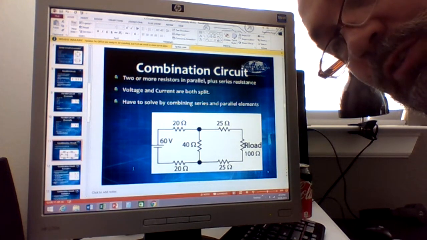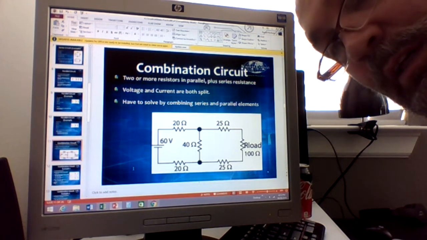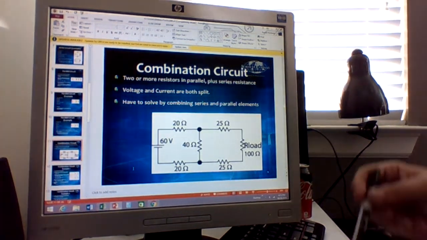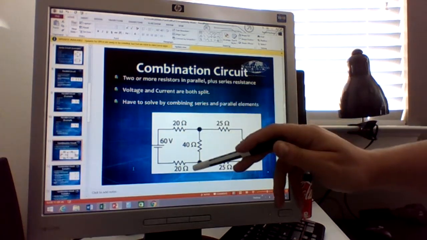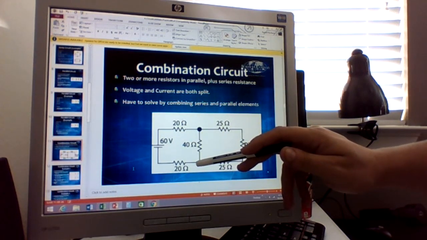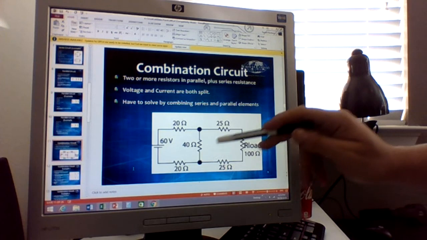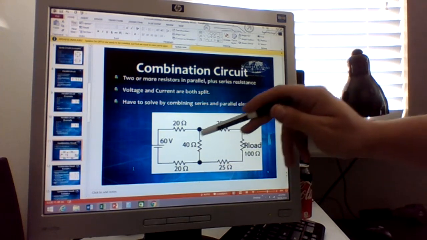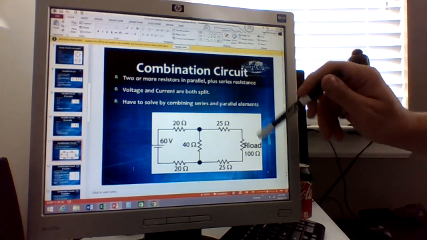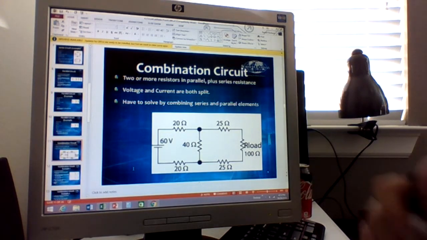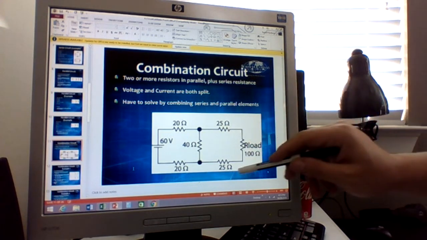The three resistors in series, the 220s, 25, 25, 100. So the 220s actually would be fairly easy to combine because they are in series. These four are connected, so they're a little bit tougher. I tend to agree with the folks who said to combine these three first.